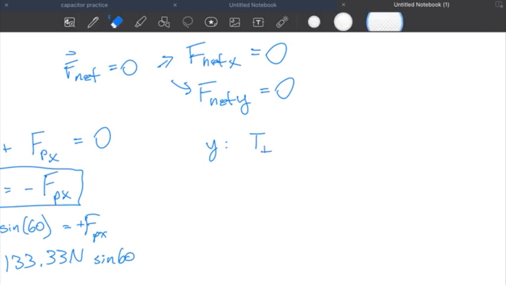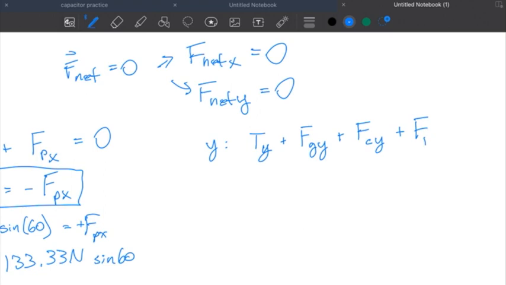Let's call it y because we call the other one x. So tension in the y direction plus Fg, or FGY, it doesn't matter. All of Fg is FGY, so I'll just put the y there to be clear, plus the force from the child in the y direction, plus the pivot force in the y direction equals 0.